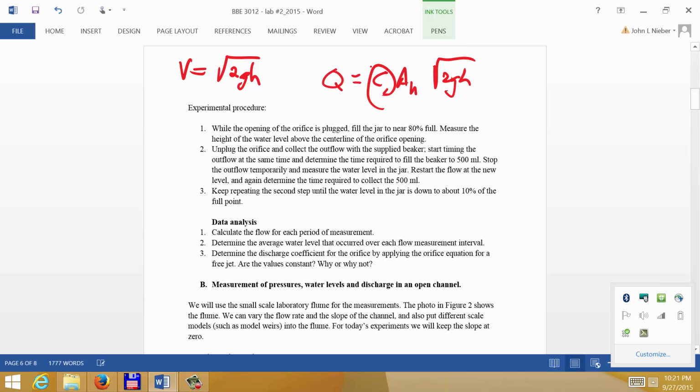So what you'll be determining in this experiment is the contraction coefficient. Here I refer to it as being discharge coefficient, but I also mean there the contraction coefficient.